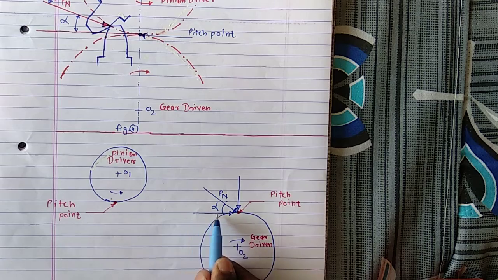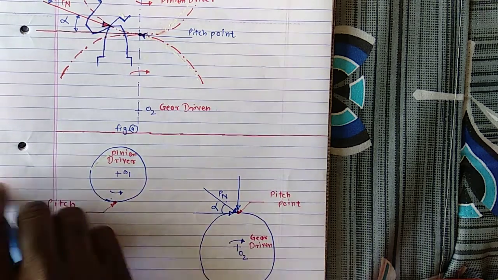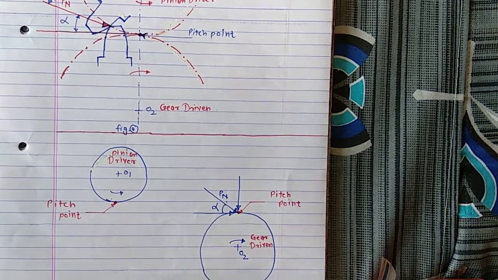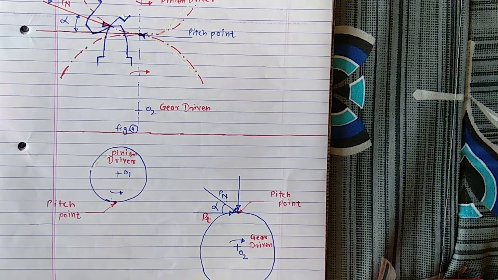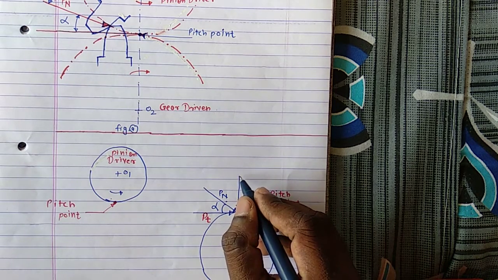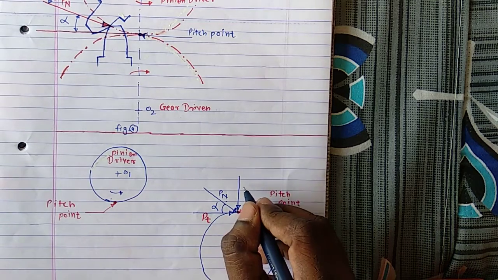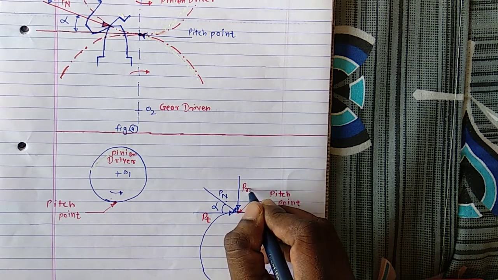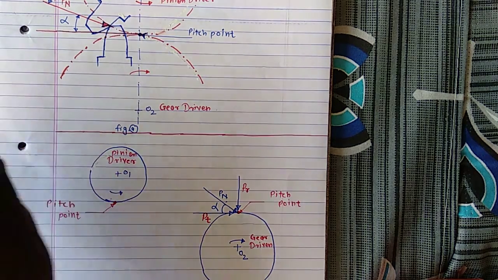As this horizontal component is a tangent to the circle, I will mark it as PT. PT is nothing but the tangential force or tangential component, and this vertical force, which is acting toward the center of the gear along its radius, I am marking as PR, which is also called the radial force.